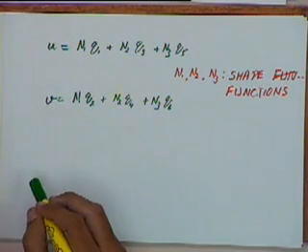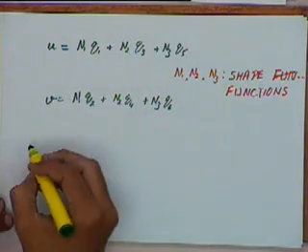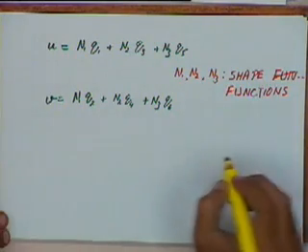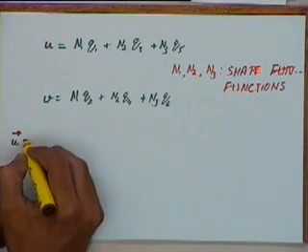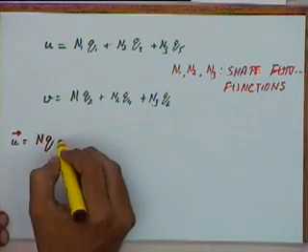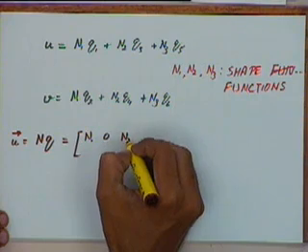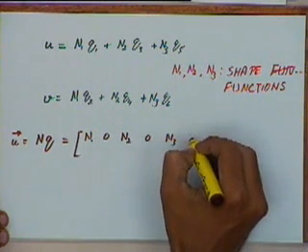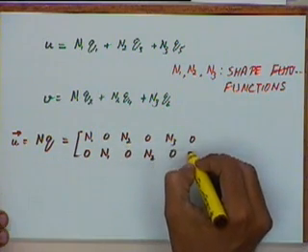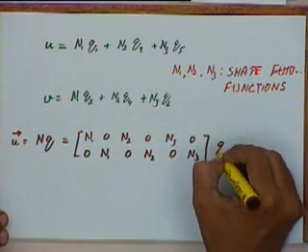And if we write this down in a vector notation, we will say that the vector u will be equal to n times q, which is equal to n1 0, n2 0, n3 0, 0 n1, 0 n2 and 0 n3, multiplied by the vector q.